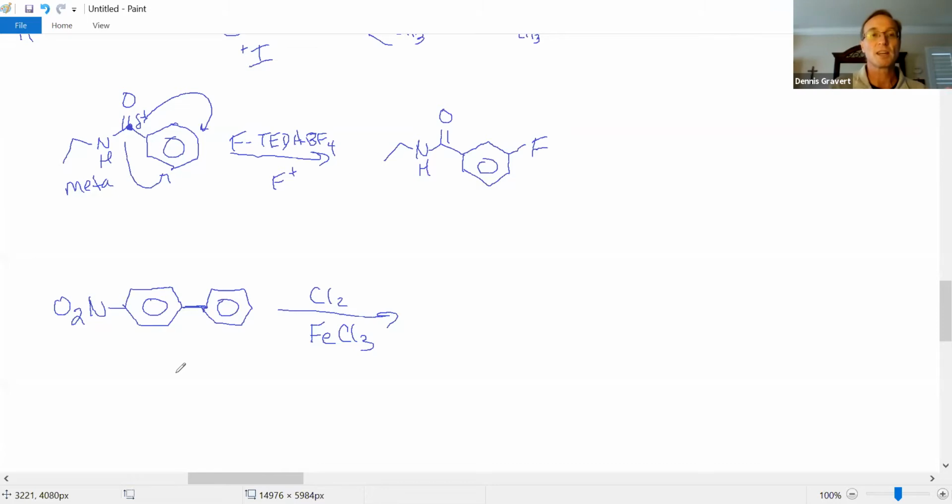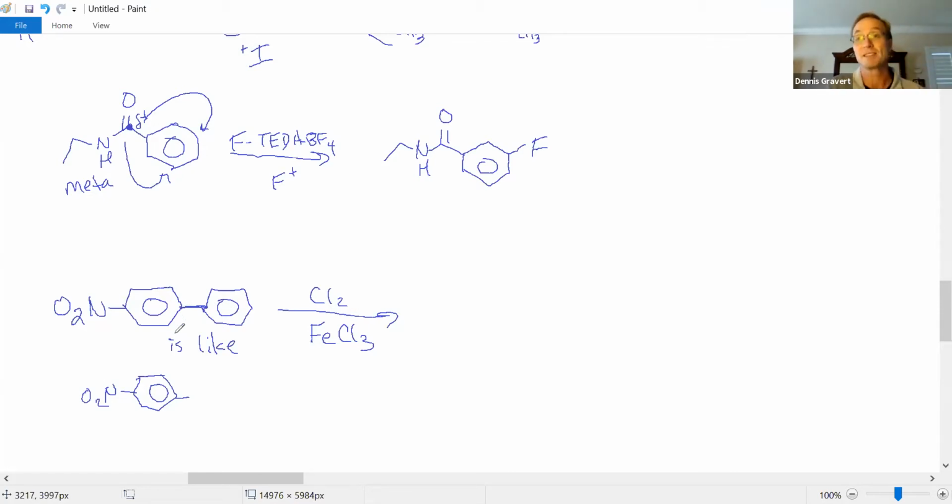Okay, so the way you've got to think of it is, let's focus on this table, and we have a benzene ring sitting at the table. What kind of directing group is a benzene ring?